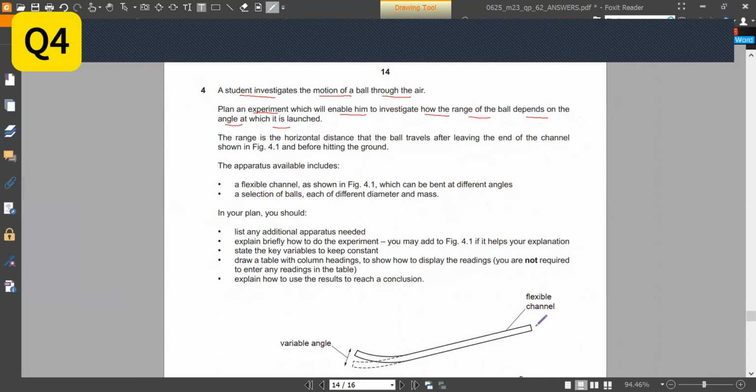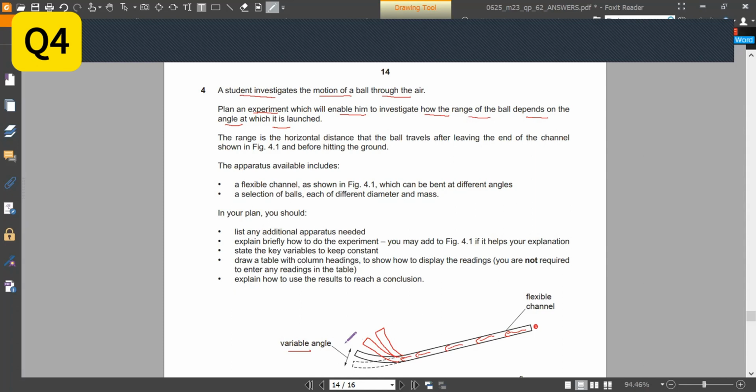So basically, we will put the ball here into this channel. And then we will adjust this angle. So this angle can be like this, or it can be like this. So we can adjust the angle for the end of the channel.